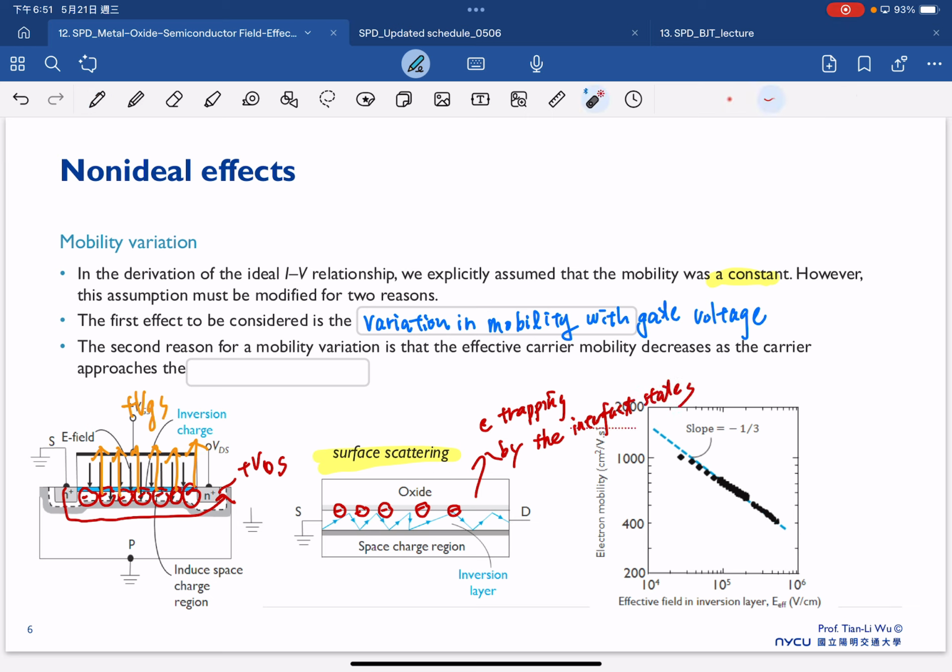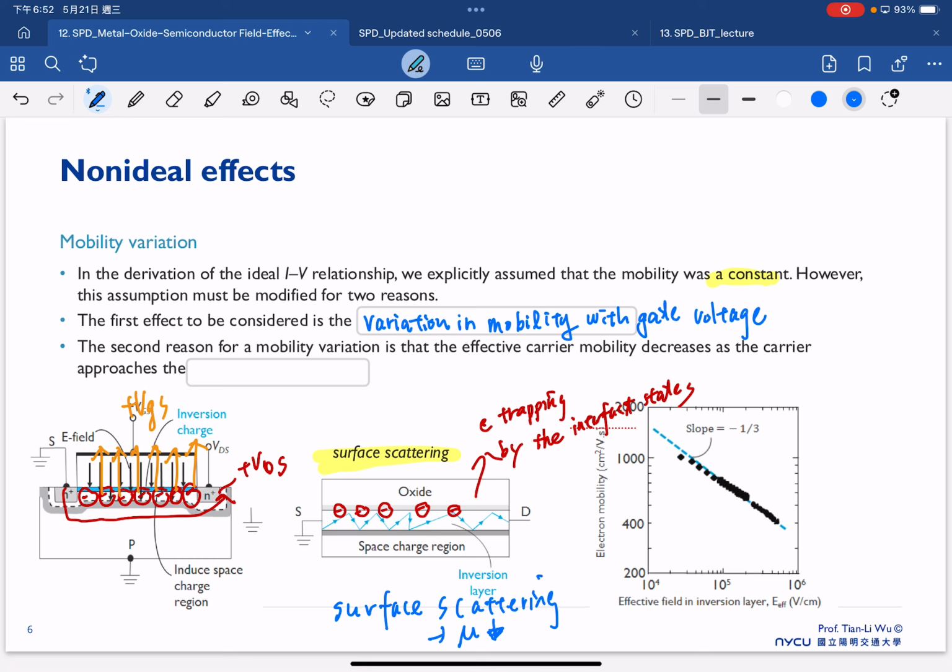Once trapped, it is fixed at one particular location, and this is a negative charge. Negative charge will try to push away another negative charge in the other direction. In the end, that will cause what we call surface scattering. Surface scattering will cause our mobility to decrease.